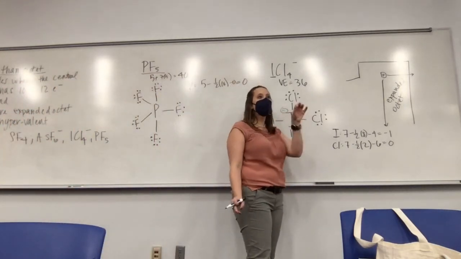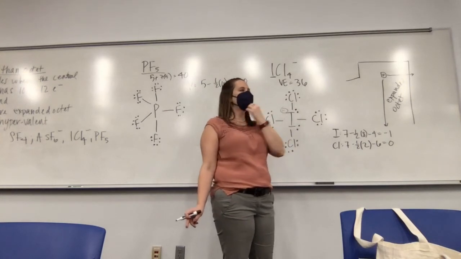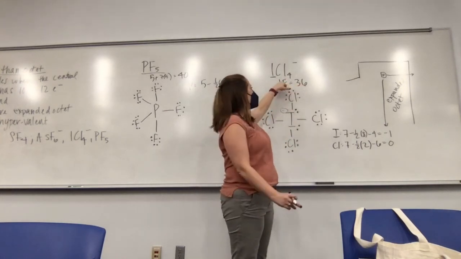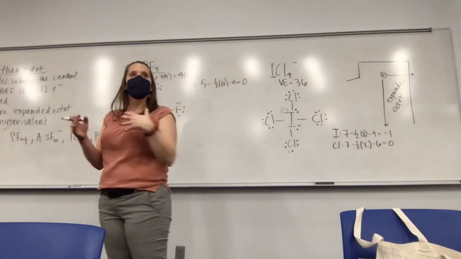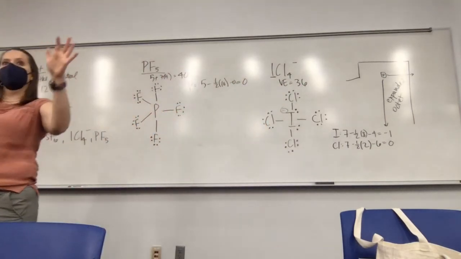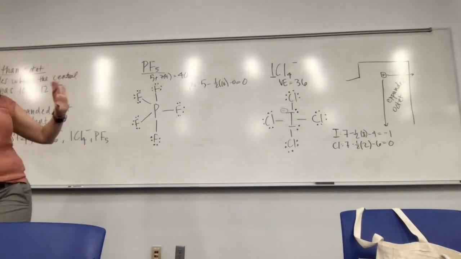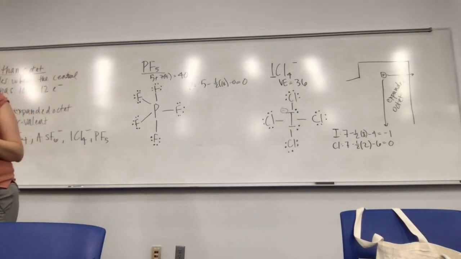Yes, for the purpose of formal charge. You use the negative here, and then the formal charge, I don't want to say who owns it, but who gets to keep the idea of the formal charge. In this case, it resides on the iodine. Good question. Other questions?